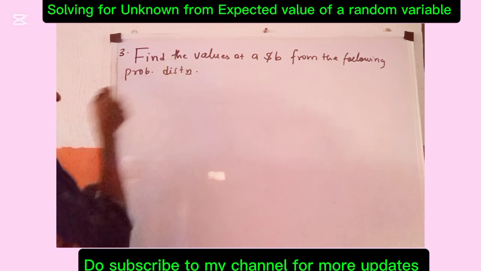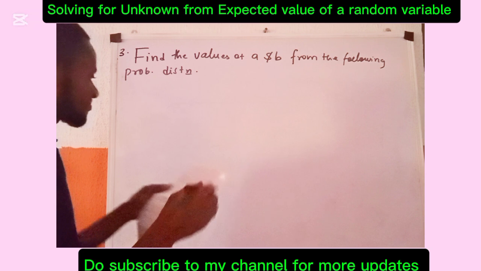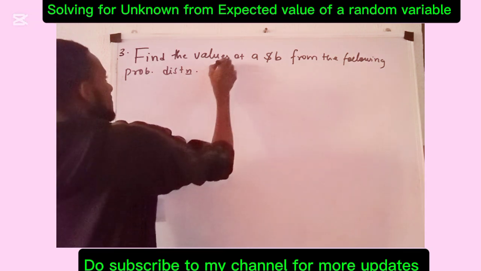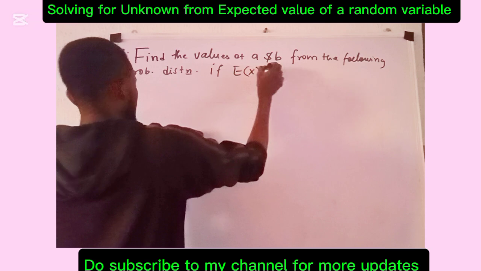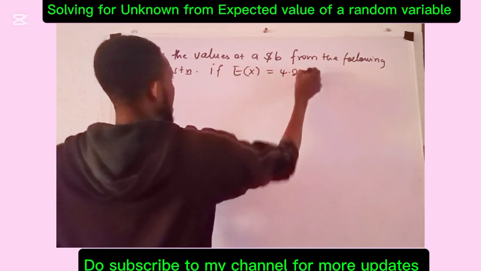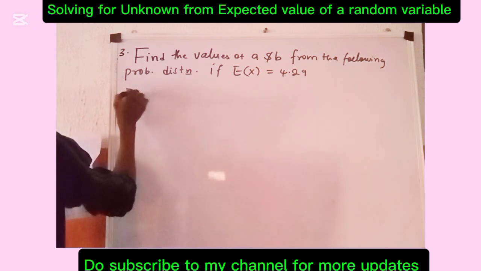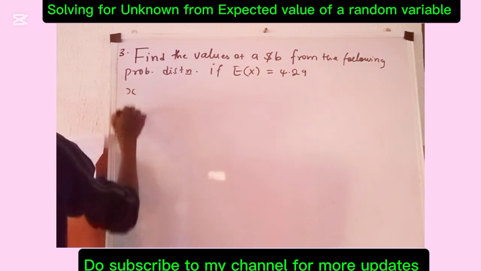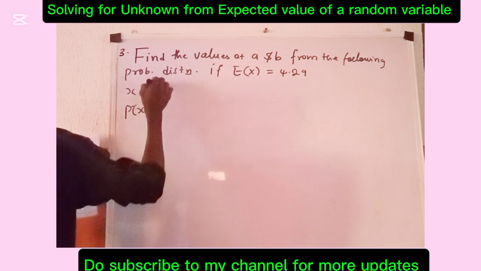Please permit me to write the probability distribution this way to manage my board. They say if E of x equals 4.29, and the table is, this is x, this is P of x.